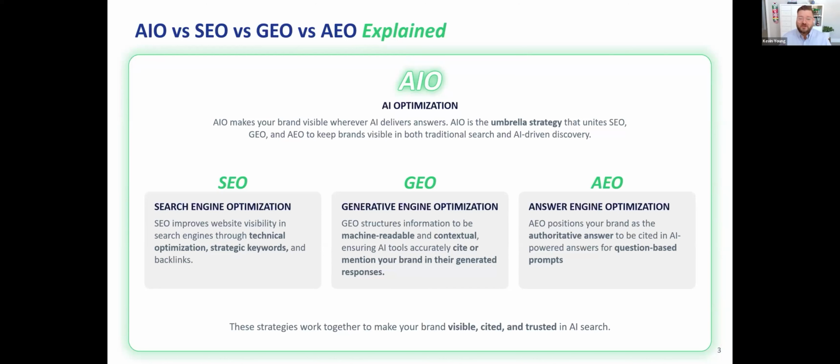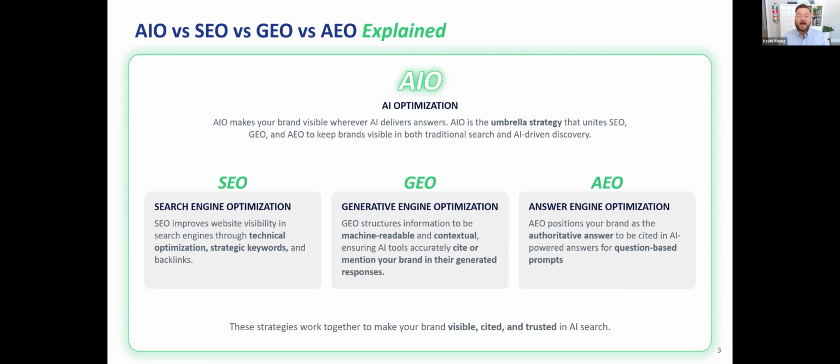So how we see it is that AIO, or AI optimization, is this umbrella strategy that incorporates other strategies, but ultimately, AI optimization is all about making your brand visible wherever AI delivers answers. So, again, anything that is about making your brand visible where AI delivers answers is going to be part of AI optimization.